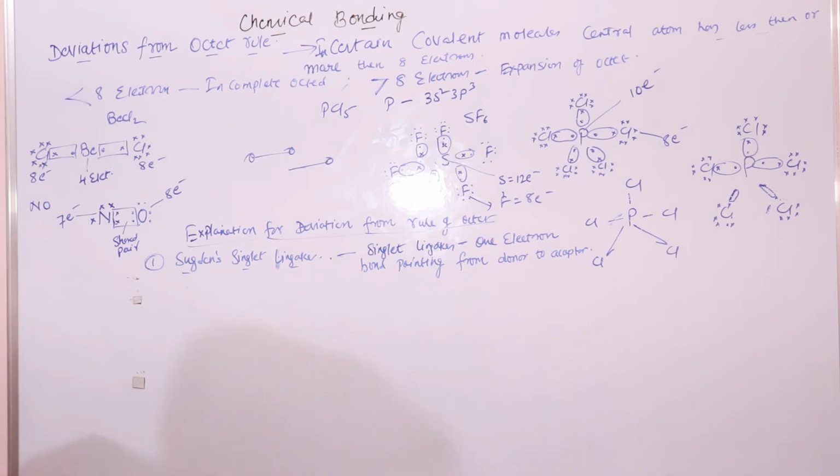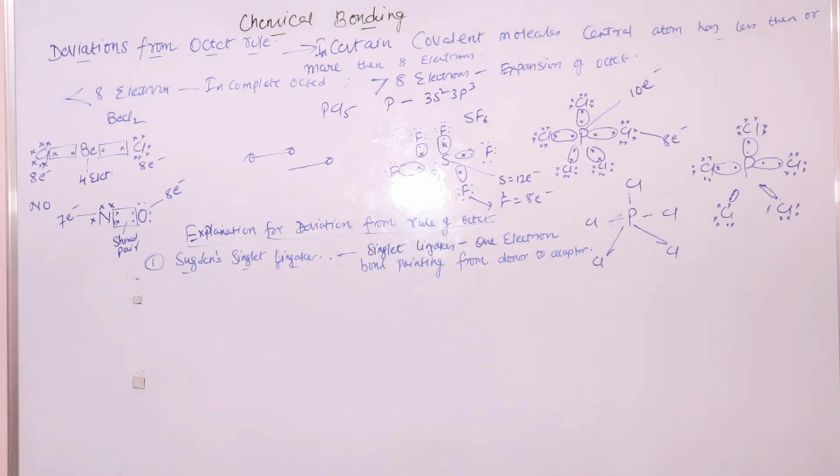Now there is another explanation to it, and that explanation is the concept of overlapping of atomic orbitals. According to this concept, some atoms have vacant d orbitals in their electronic configuration.